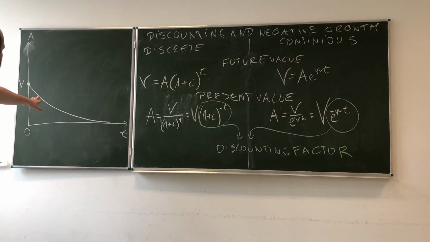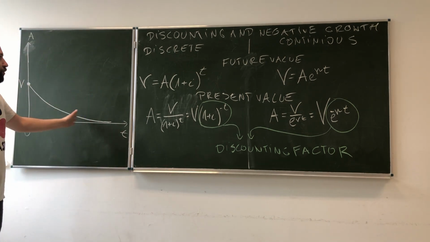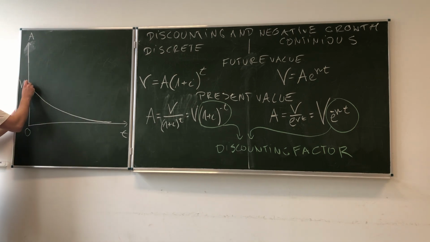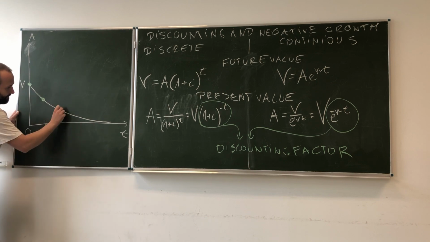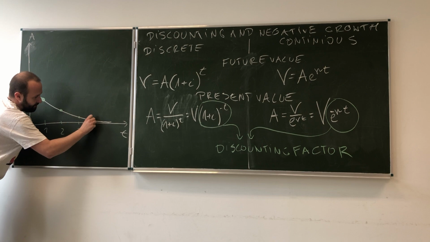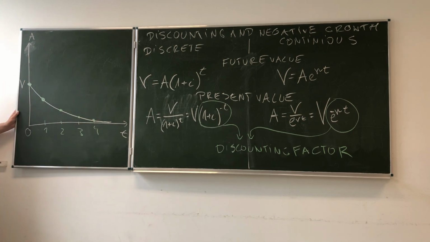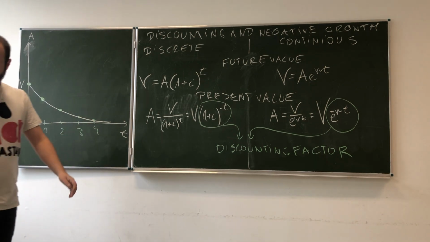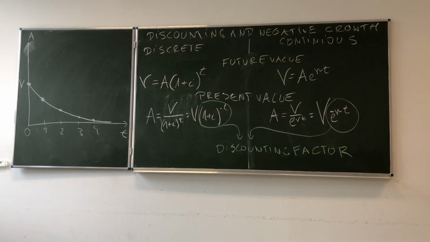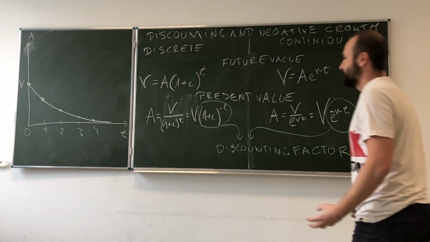Now, how would we see this in discrete time? Well, you can probably guess, not much problem here. 1 year, 2 years, 3 years from now, 4 years from now, and so forth. But what is the economic interpretation of that? We always need to think about the opportunity cost.